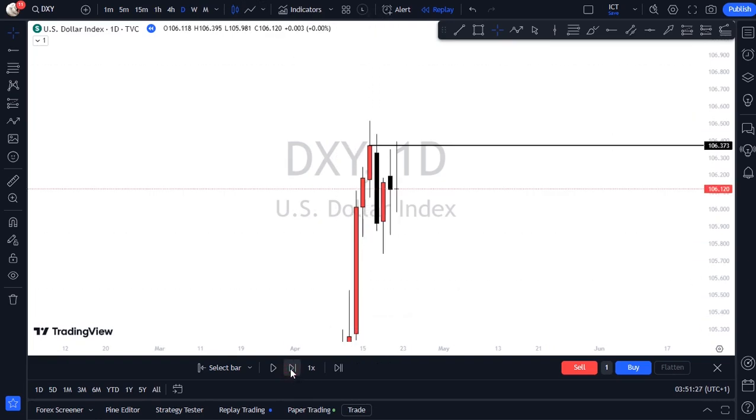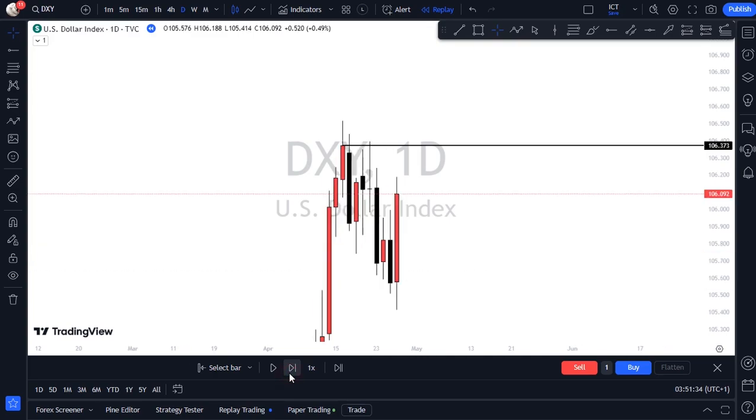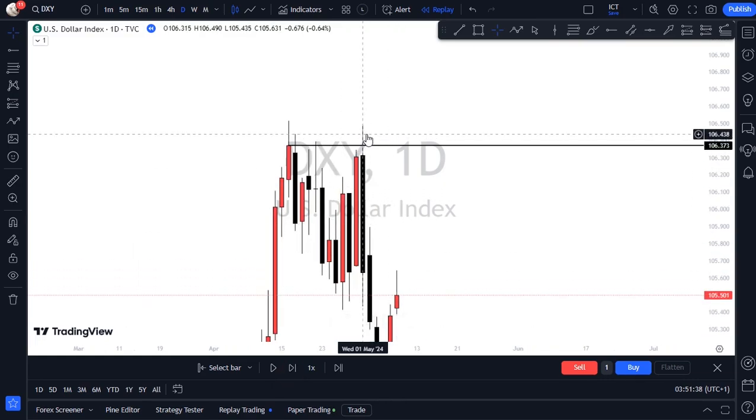Okay, go further again, and now it is no longer fresh, and you can see how price just drops. Now, price came back again for the second time. I will explain why there's a reason why price comes back to a level like this for the second time. Especially, I stress, especially on the daily time frame.